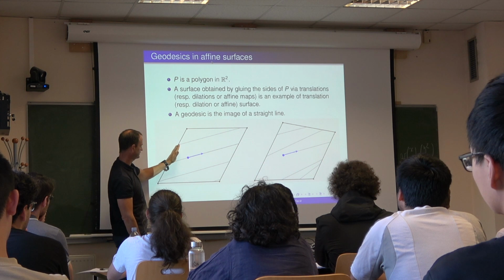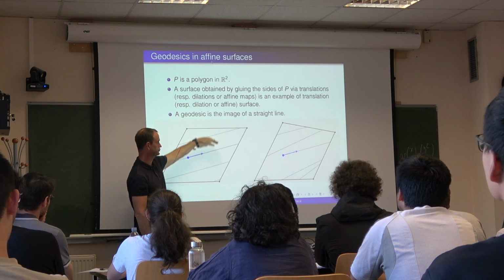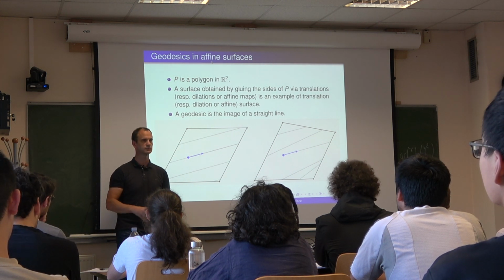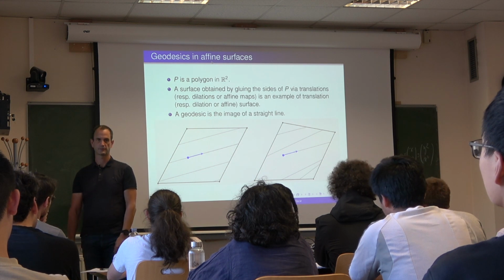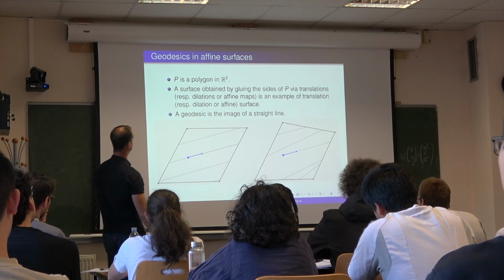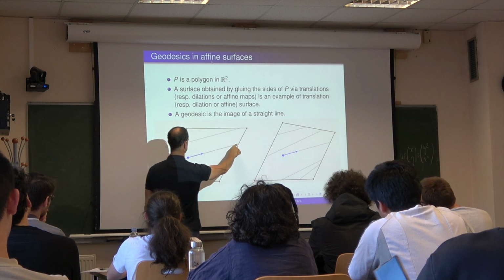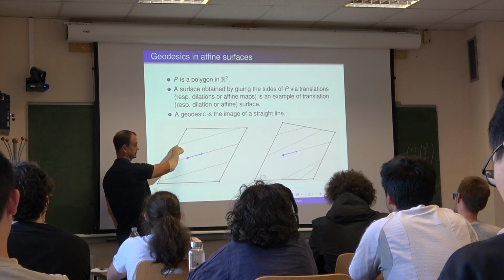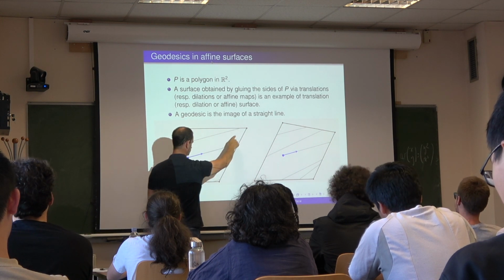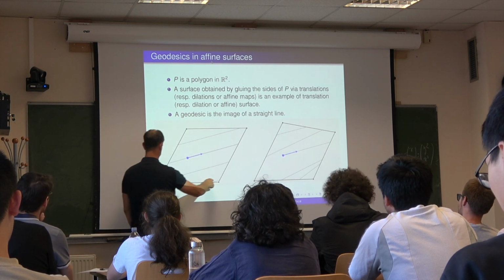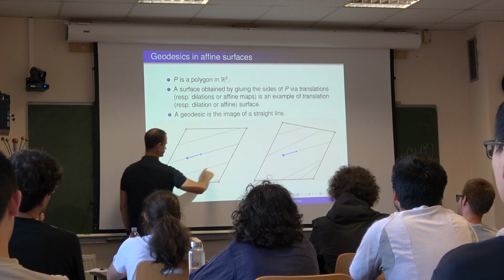And if you glue the left side to the right, the bottom to the top, what you get is what is called the torus. And now when you want to talk about a geodesic, you go with a straight line, but as you come here, you just translate back by 1, and you continue. Here you translate back to the bottom, you continue. There you translate back to the left, you continue.